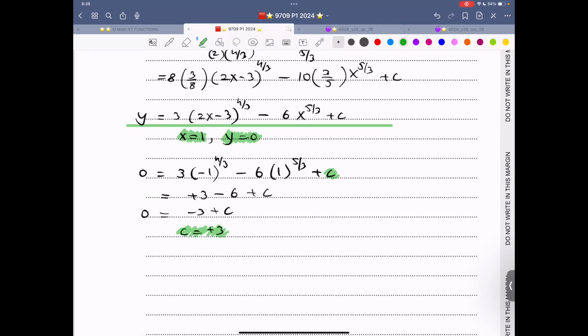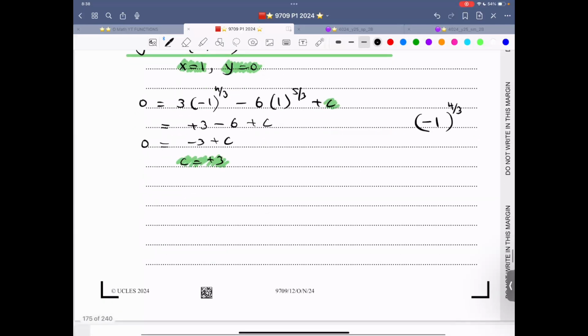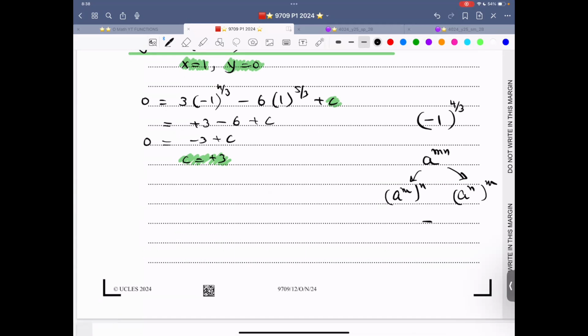Now, over here, there is also a tricky part. That tricky part is minus 1 raised to the power of 4/3. How do you evaluate it? Basically, a raised to the power of m/n can be written as a^m raised to the power of 1/n, or a^(1/n) raised to the power of m. So I can write this as minus 1 raised to the power of 4 times 1/3.